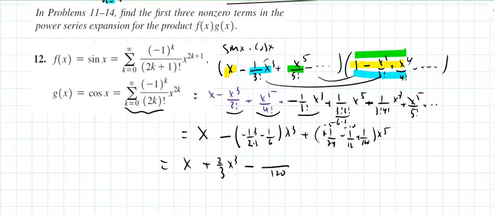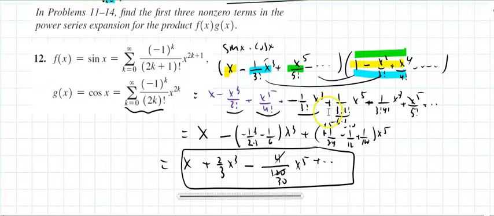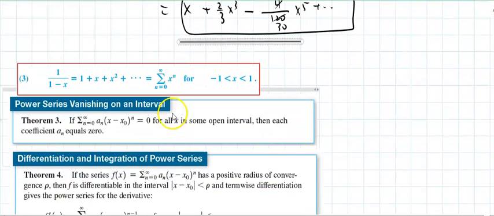I worked this out. So that's positive 5 minus 10 plus 1, 6. That's a 4, which is really 1 over 30. But those are the first three terms. Of course, there's a lot more, but that's all they wanted. And we use those a lot in coding and stuff.